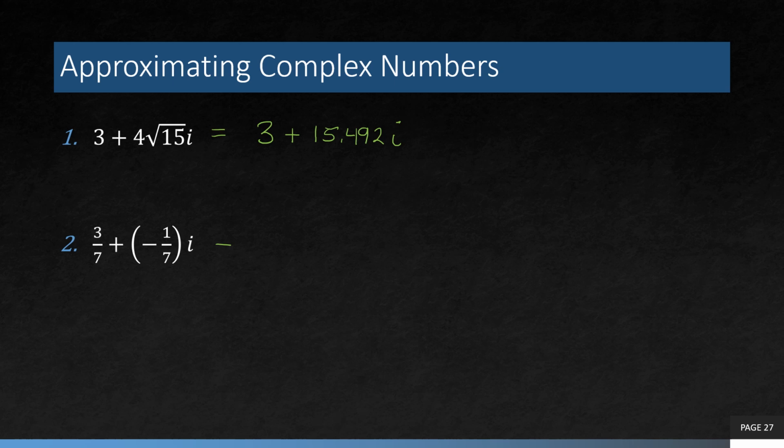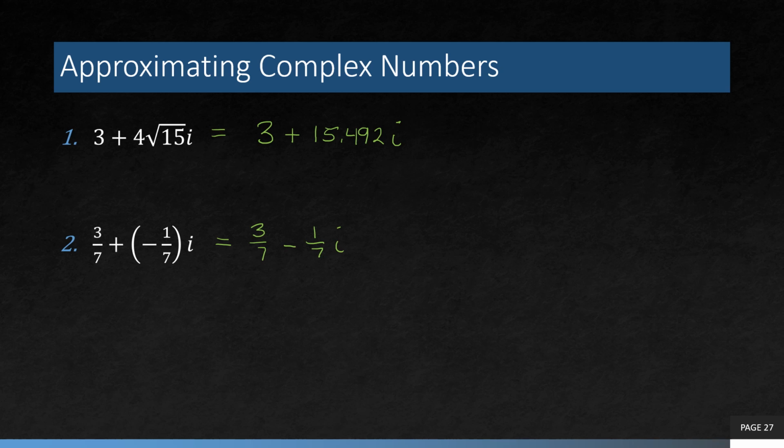For this next one, there is a little kind of tricky thing going on here. So I am going to rewrite it as 3/7. It's plus a negative 1/7, so it's really minus 1/7 over i. Now, even though 3/7 and 1/7, it looks like it would be 2/7, it's not, because remember that 3/7 is representing a real part, that 1/7 is an imaginary part.